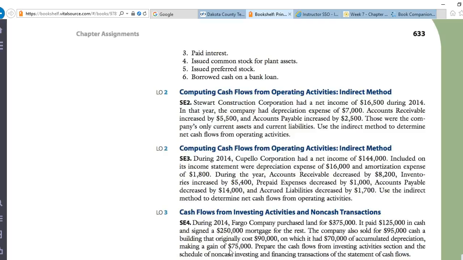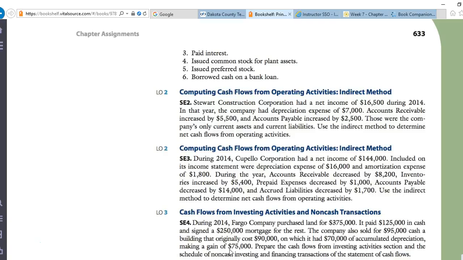So we need to subtract when inventories increase. Think about it like accounts receivable increase, we subtract. It's an asset. When inventories increase, we subtract. When accrued liabilities increase, we add. When accrued liabilities decrease, we subtract.